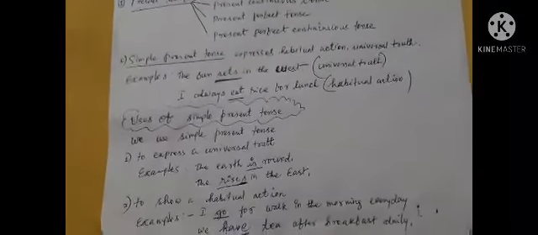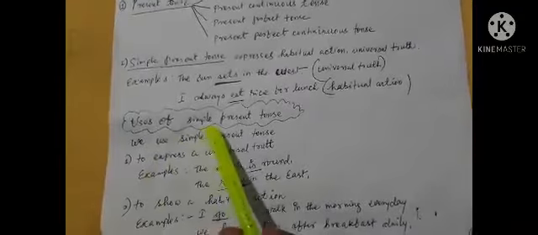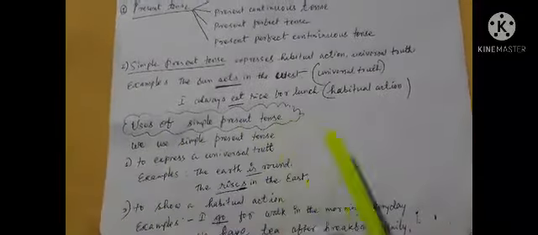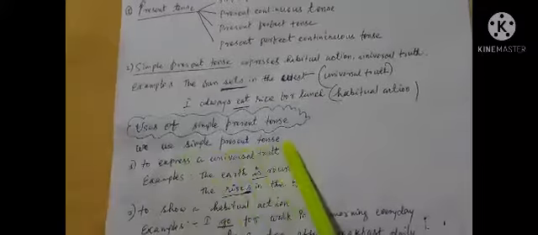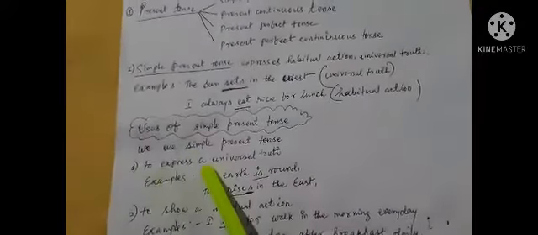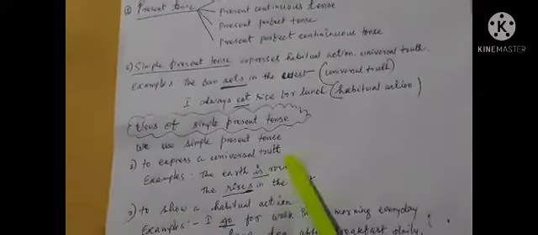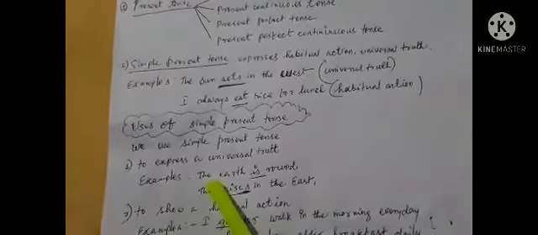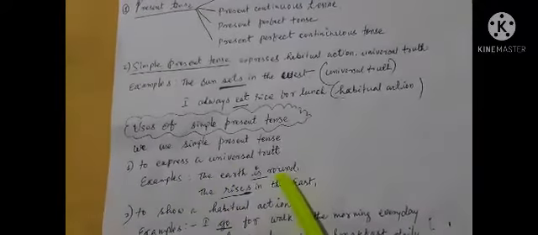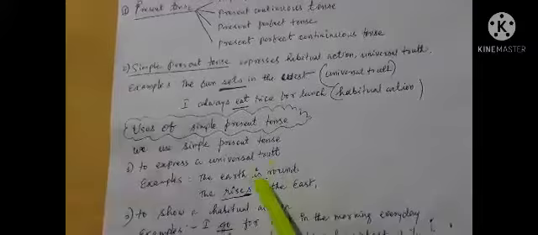Now we shall see uses of simple present tense. We use simple present tense to express a universal truth. For example, the earth is round. Here the verb is.